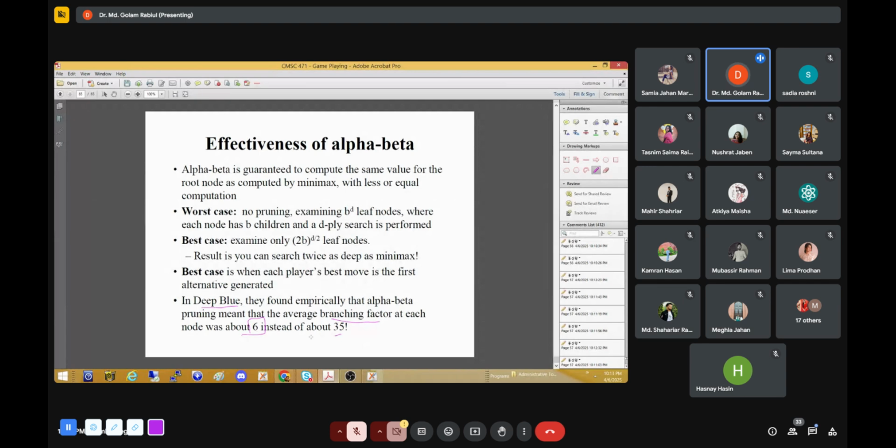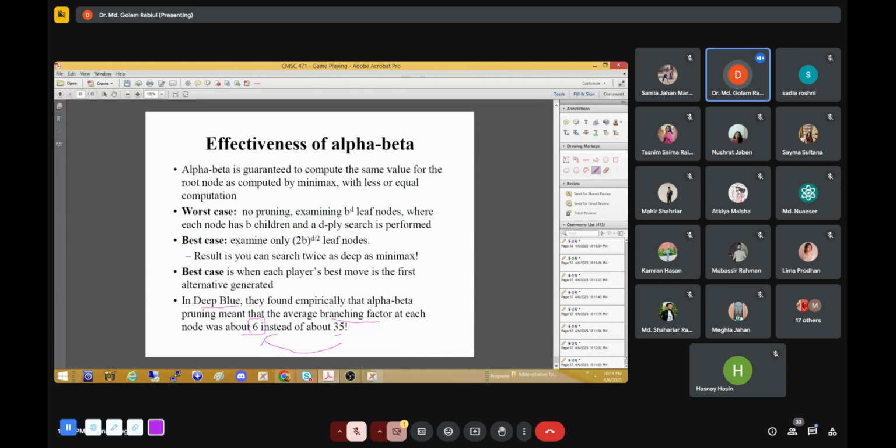So that is a huge difference. If we consider the game tree, you need to design a huge tree in that case. But alpha beta pruning will reduce your search space and the complexity of searching also.